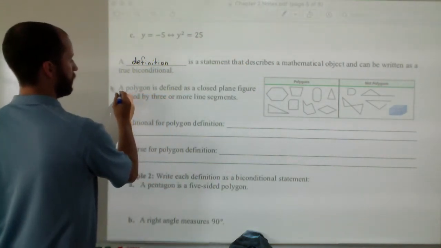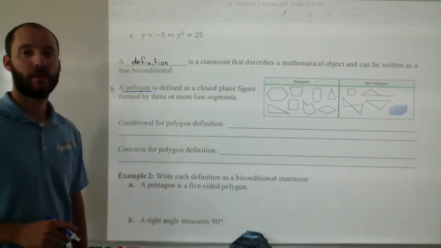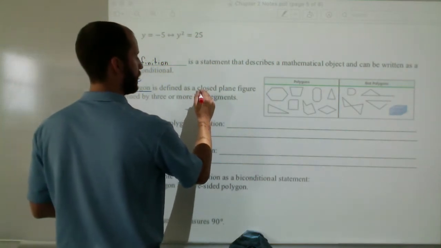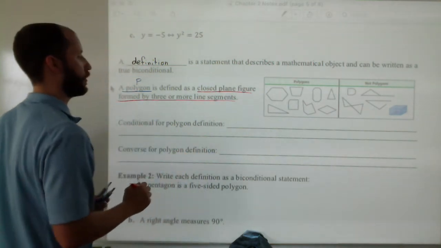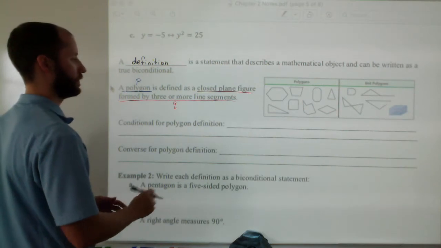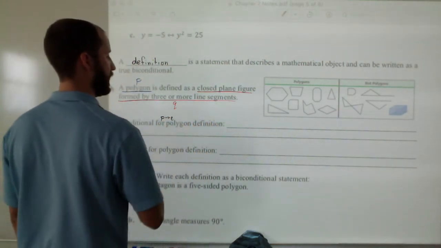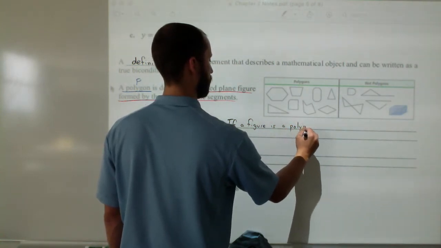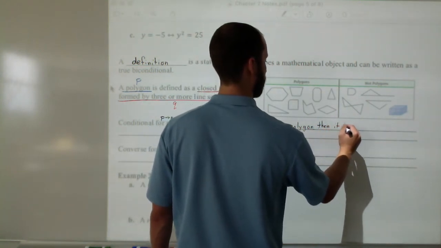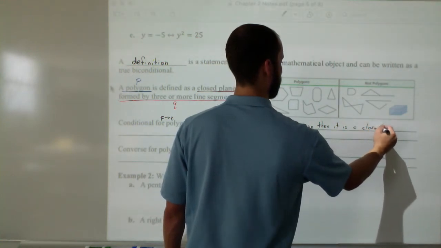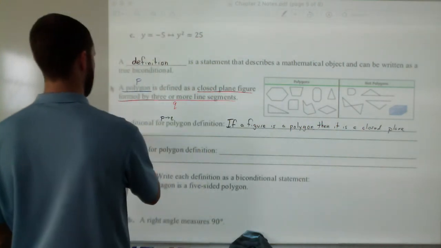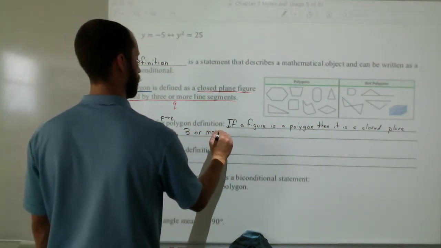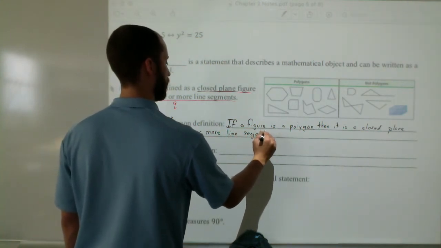I'm going to say that that piece right there, a polygon, is going to be P. And then I'm going to say here, the closed plane figure formed by 3 or more line segments, I'm going to call that Q. So my conditional would be P then Q. So if a figure is a polygon, then it is a closed plane figure formed by 3 or more line segments.